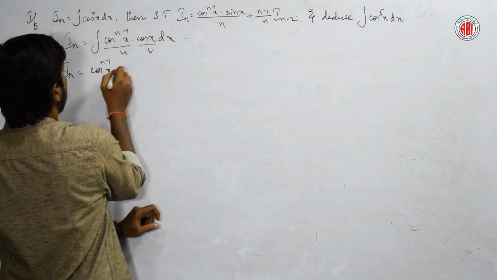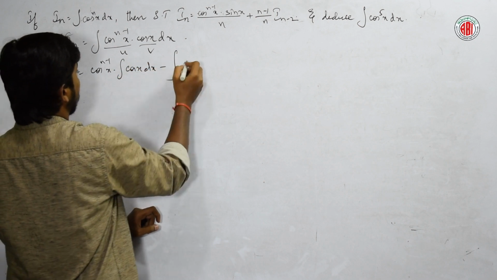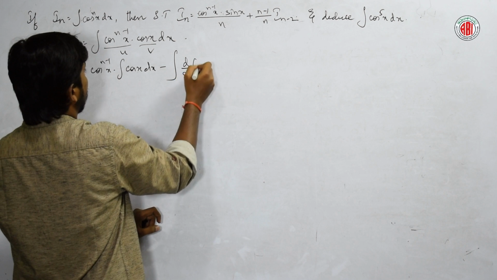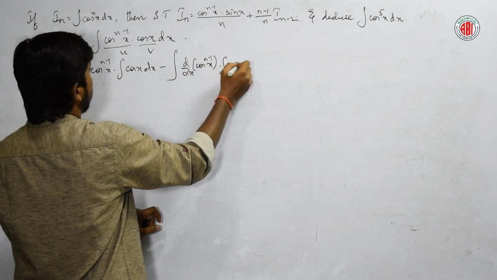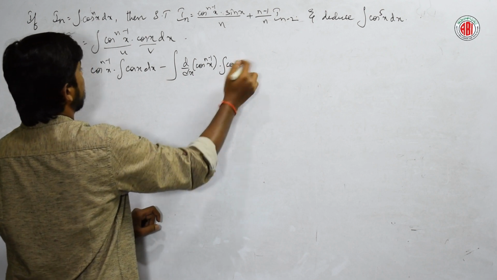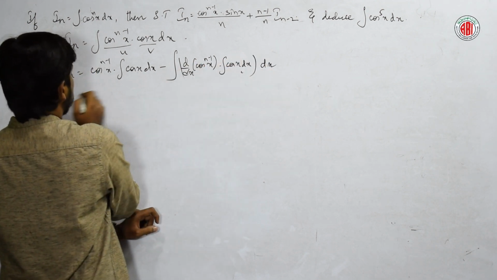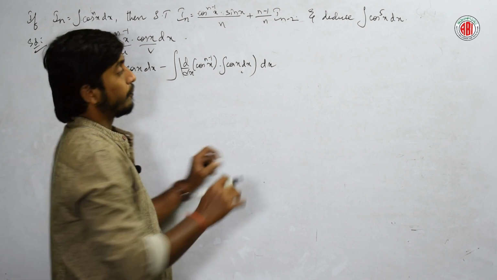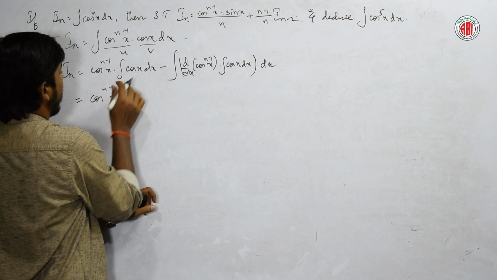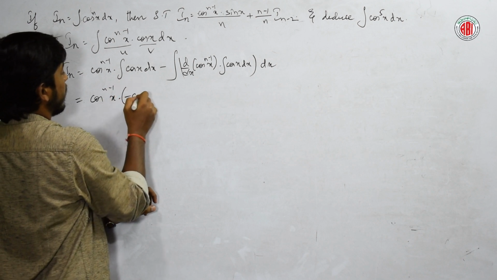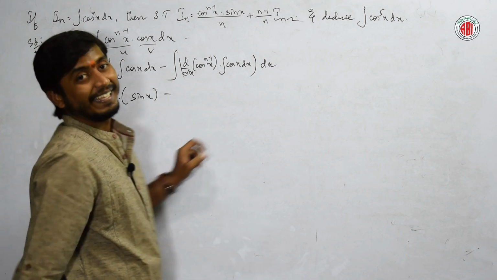u integral v dx minus integral differentiation of u into integral v dx whole dx. Is it fine? So, let me write cos power n minus 1 x, integral cos x is minus sin x, sorry, only sin x, right.